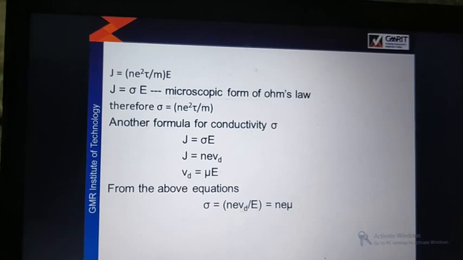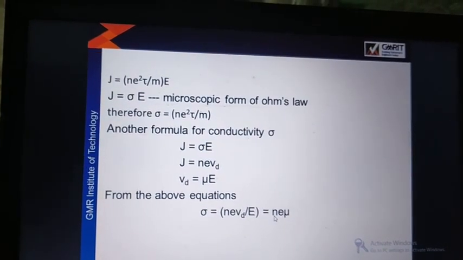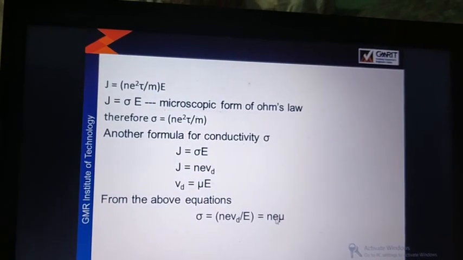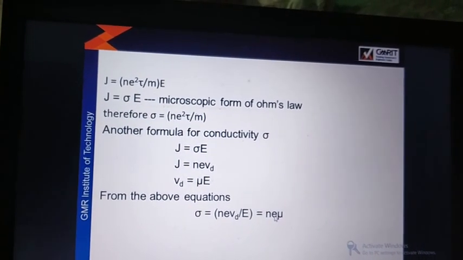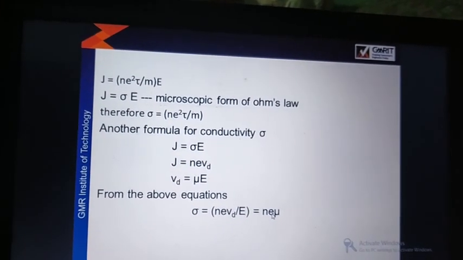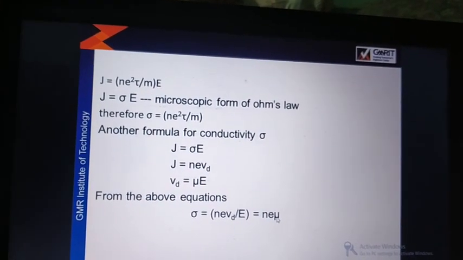So we can see that the electrical conductivity depends on N, the number of valence electrons as well as the charge carrier density, e is the charge of the electron, and mu is representing the mobility of the electrons in your material.